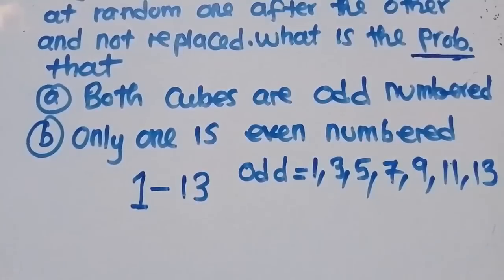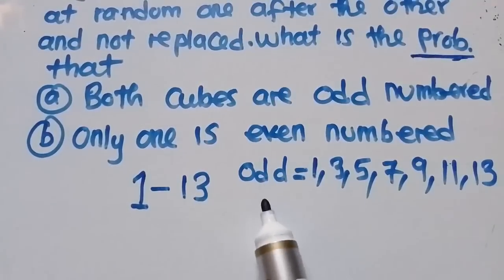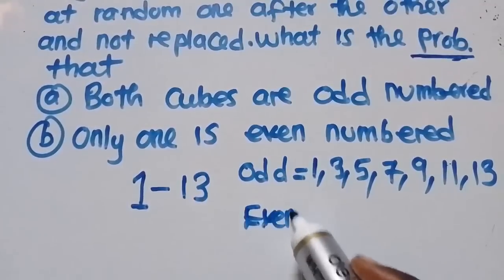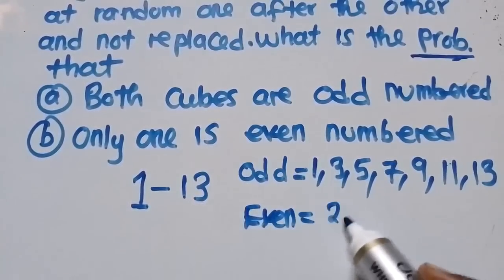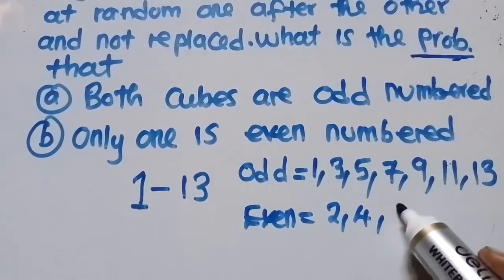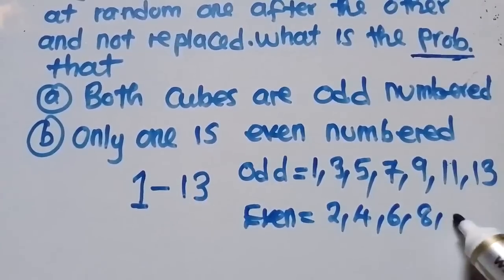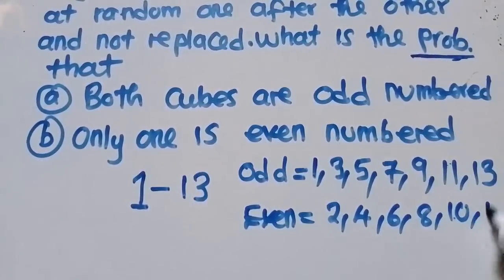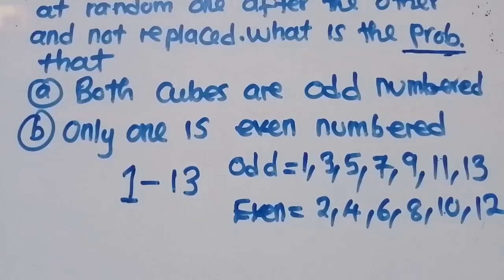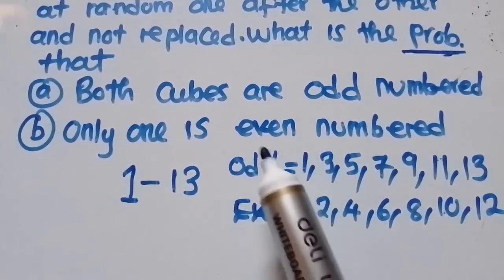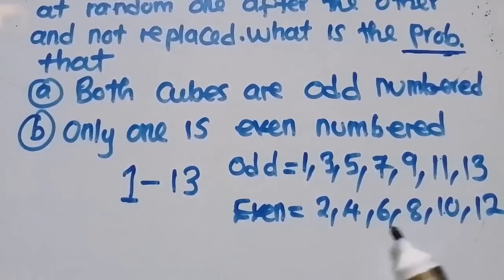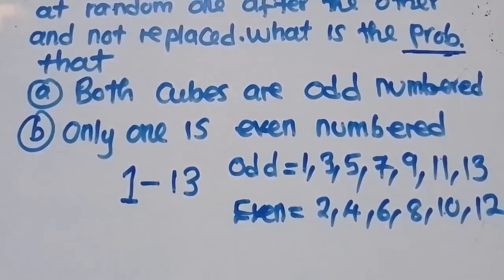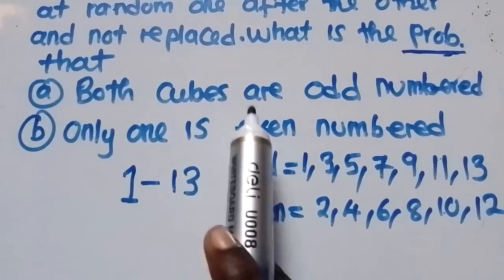Even numbers are numbers like 2, 4, 6, 8, 10, 12, because we are ending at 13.